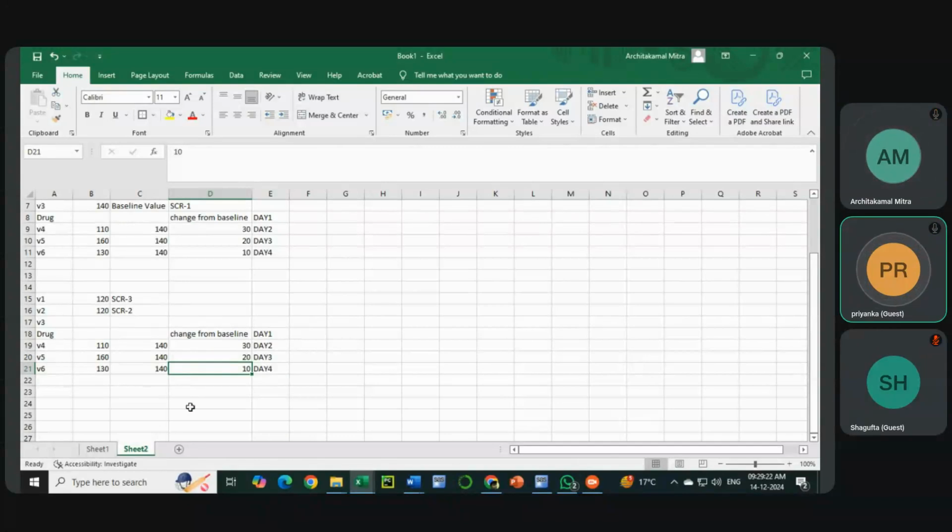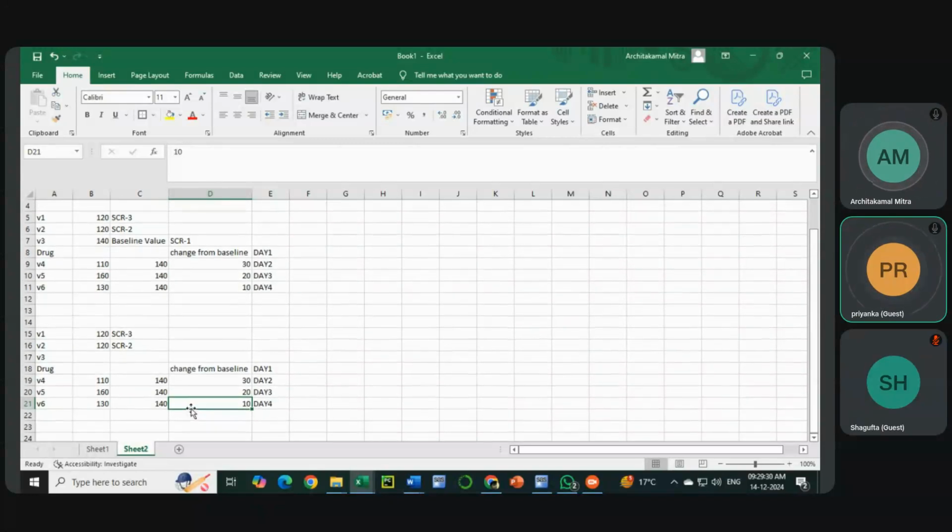You mean post baseline, or what? What will be the baseline value which we should consider? So the last one only, right? Like V3, we don't have a value, so 120.